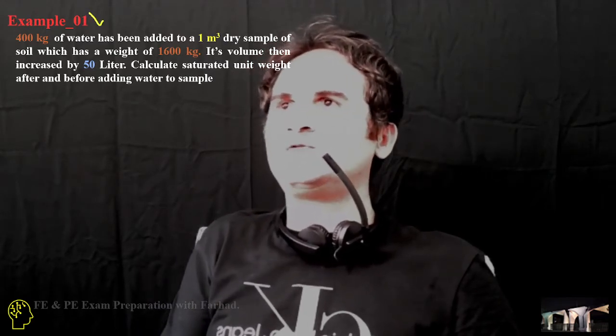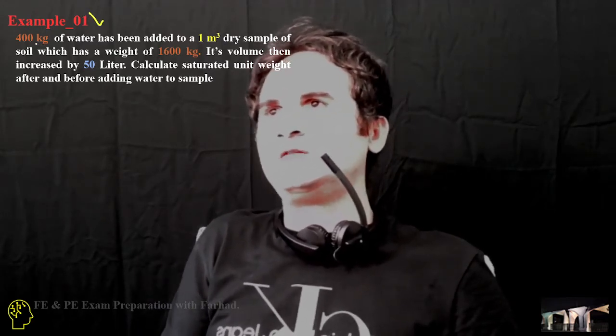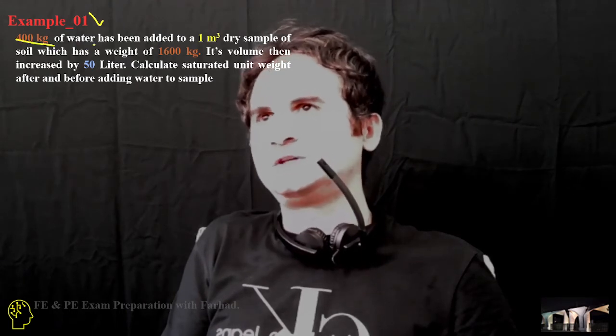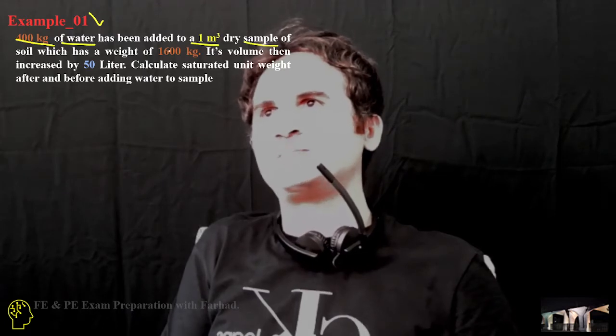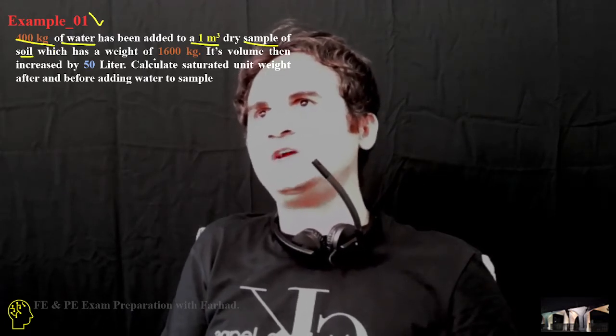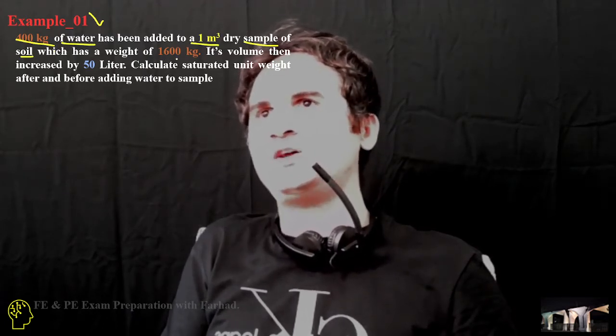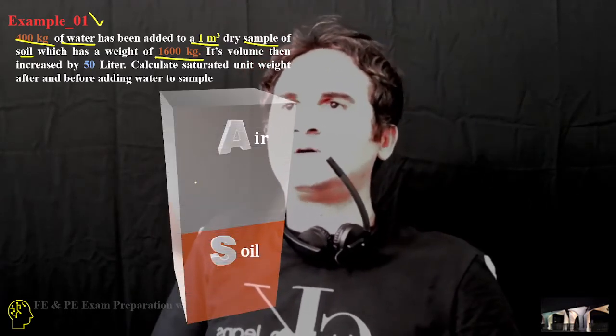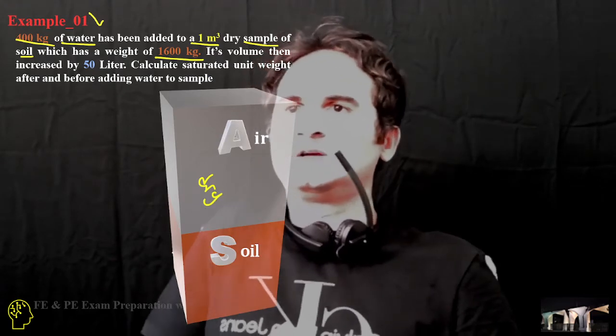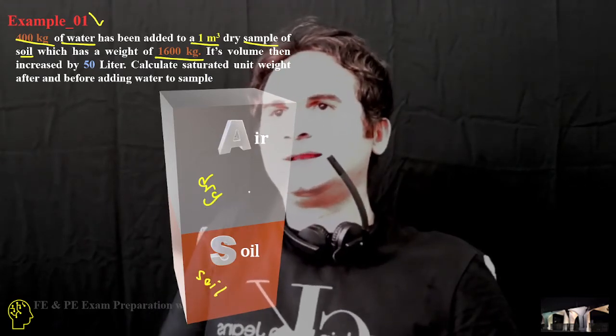So in example 1, we have 400 kilograms of water which has been added to a 1 cubic meter dry sample of soil, which has a weight of 1600 kilograms initially. So this is our dry sample, just soil and air.